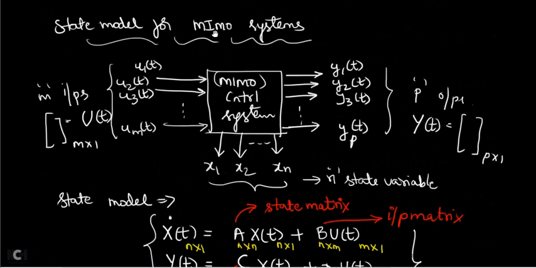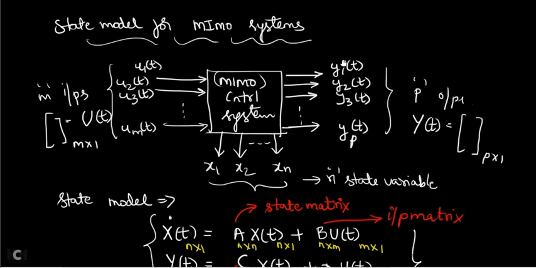So, the state model for MIMO system, multiple input multiple output system. Your MIMO system looks like this, no? One control system with inputs U1, U2, U3, up to UM. Other than one input, you have so many inputs. M number of inputs are there, and capital U of t contains U1, U2, U3 up to UM.